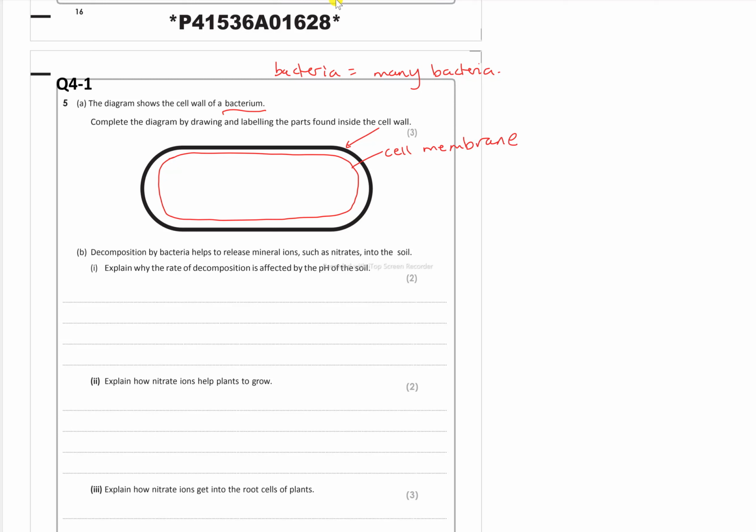Then you've got DNA material. It's not in the nucleus. It comes as a plasmid or nucleoid. And inside you've got the liquidy part, it's called the cytoplasm.